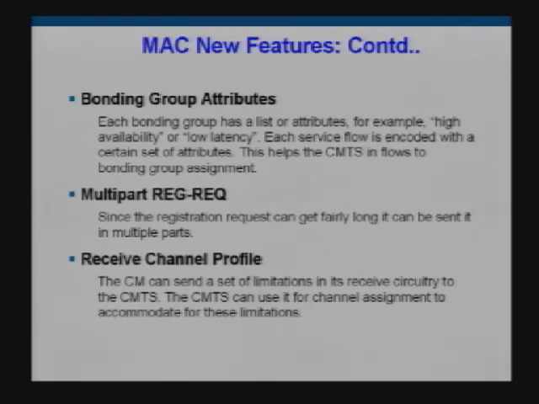So we know that with downstream channel bonding, there could be a bonding group consisting of 4 physical channels or 5 physical channels or 6 physical channels. But some cable modems can only tune into 4 downstream channel frequencies, and there could be a capture bandwidth as well.